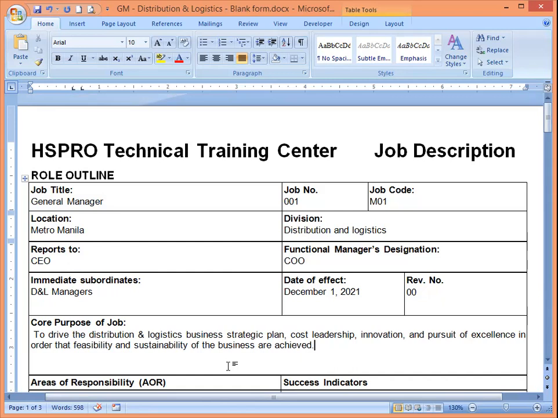So I got used to writing job descriptions, especially for managerial positions like production manager, engineering manager, logistics manager. I've been doing this activity for quite some time already, so maybe I'm used to it. So I think you can do your practice. As they say, practice makes perfect. So just try to develop some job descriptions for different positions.